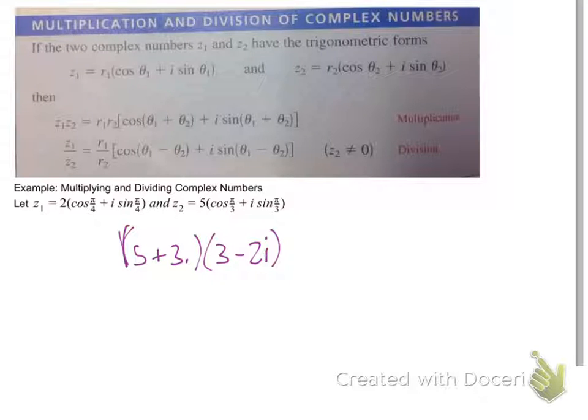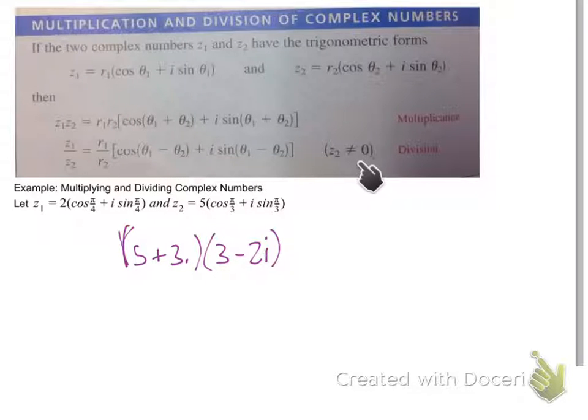If I take my complex numbers and multiply them, I can multiply my radii together and then just add their angles. Add their angles. Done. Simplified. If I'm dividing, I just divide their radii, but then subtract the angles.